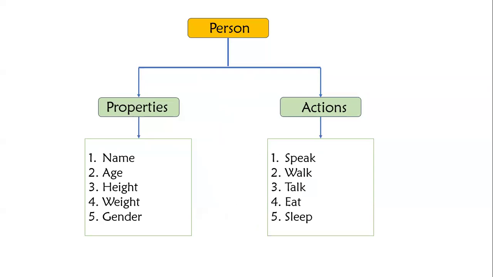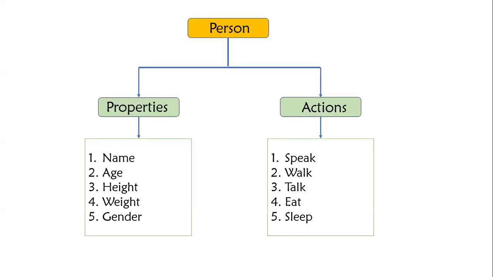So, till now, what we discussed is a general scenario of what a class can be and what a particular object can be. Now, if you want to write a program for the same example, let's consider this person is a class. So, I'll write a class Person.